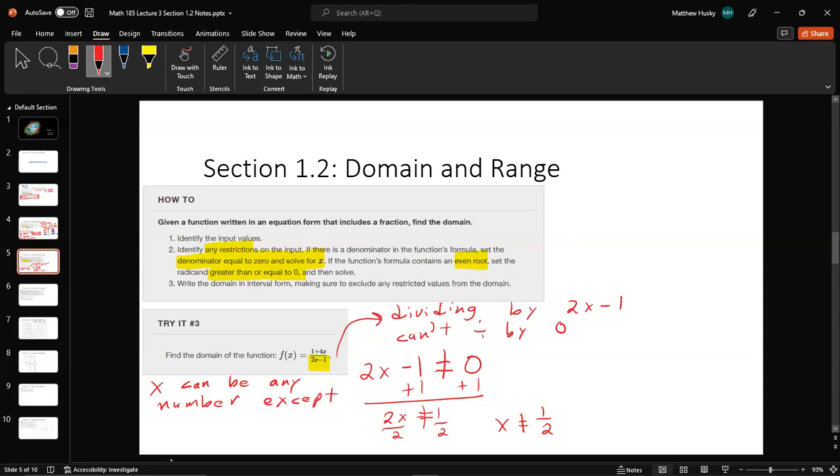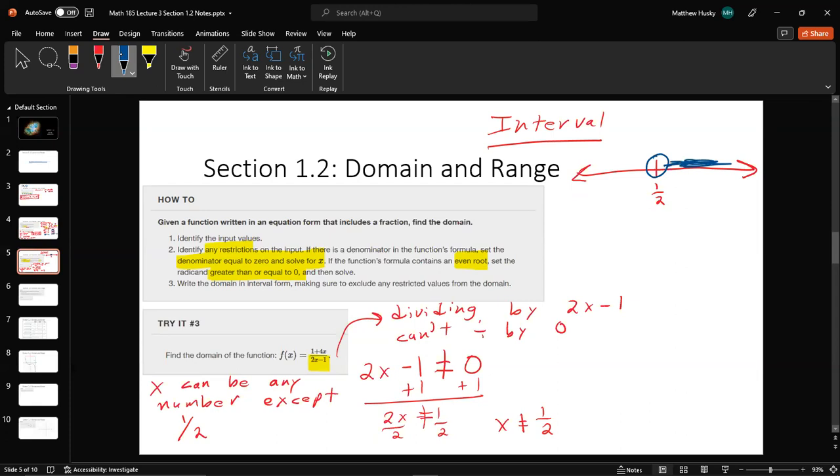Now we need to talk about how you write that as an interval. And here's what I'll do. I'll even draw this on a number line to hopefully make it make sense. So 1/2 would be just right here somewhere. We're going to have a hole right here. It cannot be 1/2. It can be anything above 1/2.